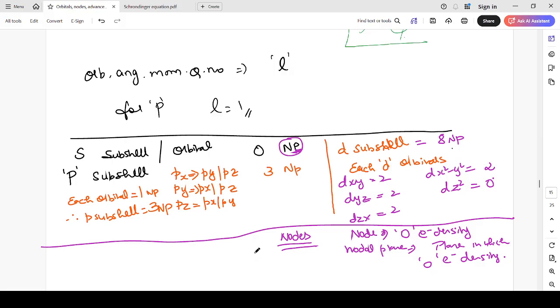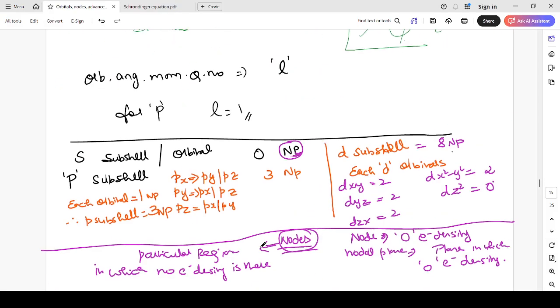When I say a node, it is not about a plane, it is about a particular region in which no electron density is there. It's called nodes. Understood, ma'am.